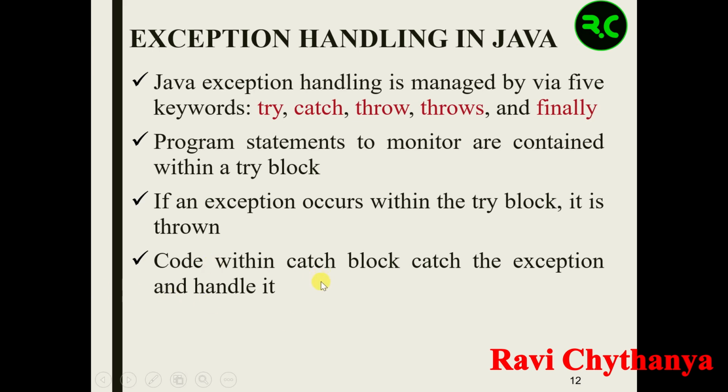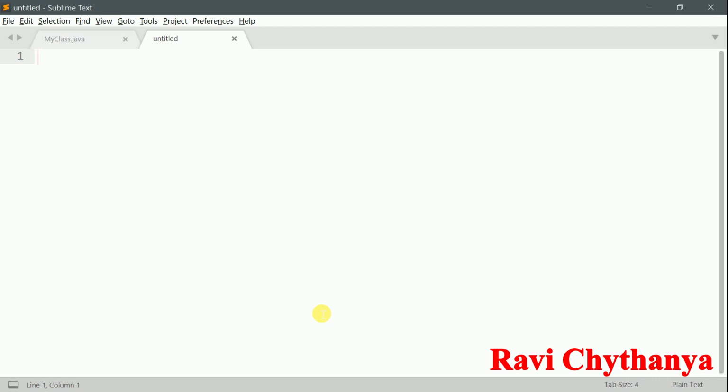Java exception handling is managed by 5 keywords: try, catch, throw, throws, and finally. Let me show you. Try, catch, throw, throws, and finally.